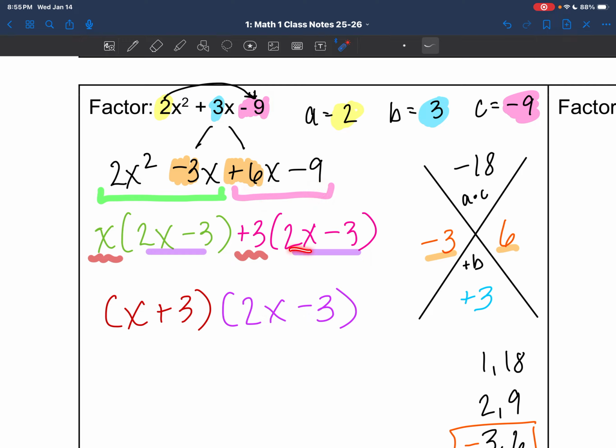So this is going to give you 2x, and then this divided by 3 is negative 3. Again, what's inside the parentheses should be the same. So what's outside the parentheses, make a set there, or a factor there, and then what's inside the parentheses should go here. And then we don't have any GCFs, so that is the final part.